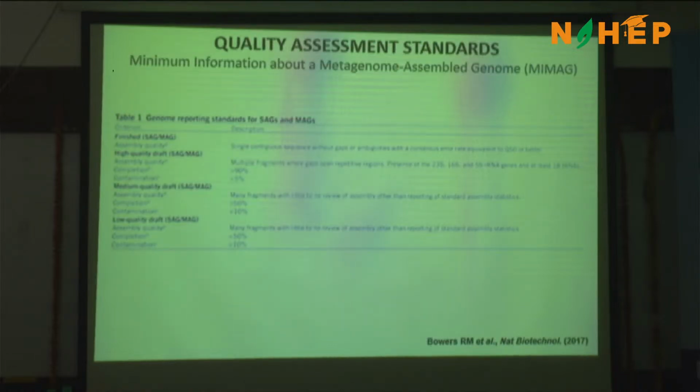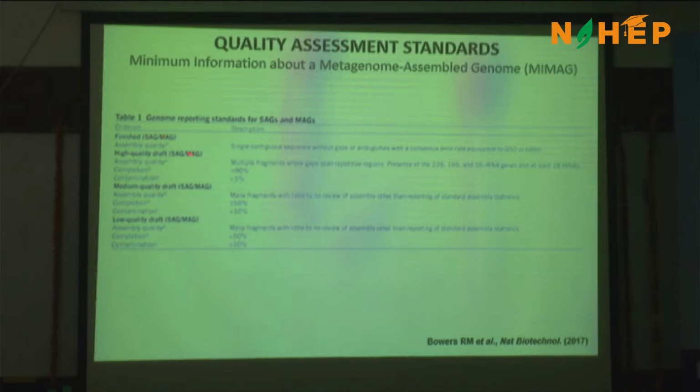Can you see this? Well, it's important. This is how we check the quality assessment standards of bins. For that, in 2017, Bowers et al. published this nice perspective in Nature Biotechnology, looking at the minimum information about metagenome assembled genomes.